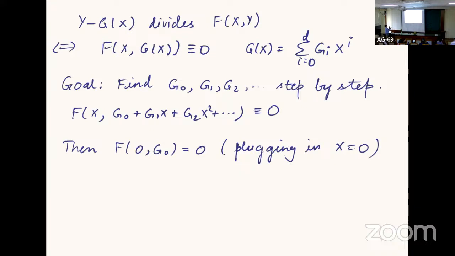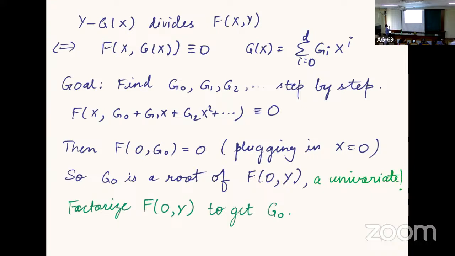In particular, if I plug in x equal to 0, then f of 0 comma y, which is a univariate polynomial, at y equal to g0 is going to be 0. So g0 is a root of f of 0 comma y, which is a univariate polynomial in y. So we can get our hands on this g0 by factorizing the univariate polynomial f of 0 comma y.